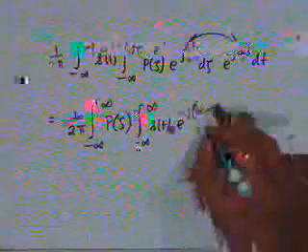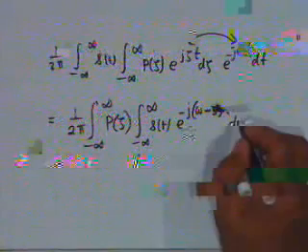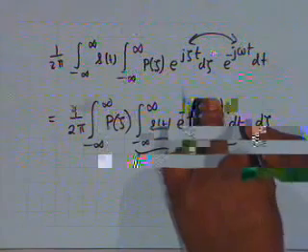If zeta was not there, it would have been capital S of omega, which is now capital S of omega minus zeta, and therefore my Fourier transform becomes the integral from minus infinity to infinity of P of zeta S of omega minus zeta.